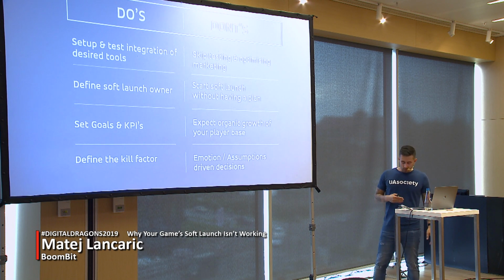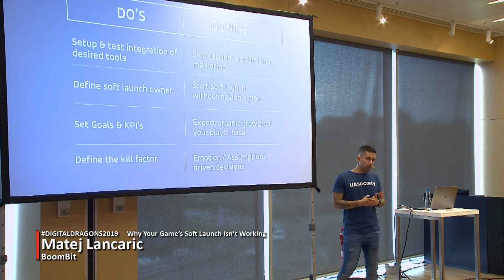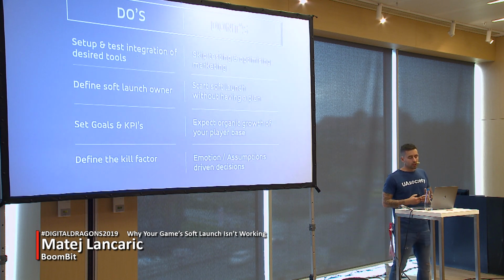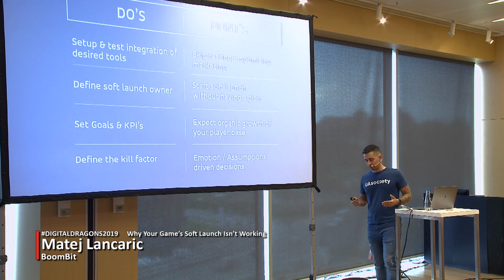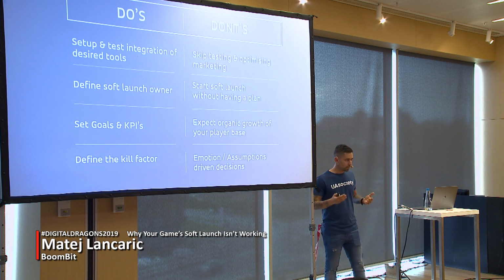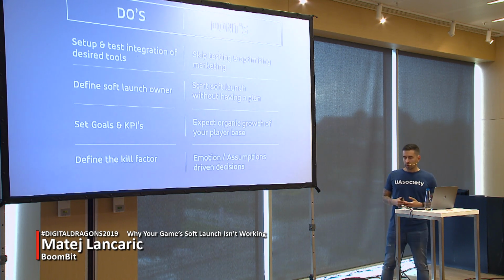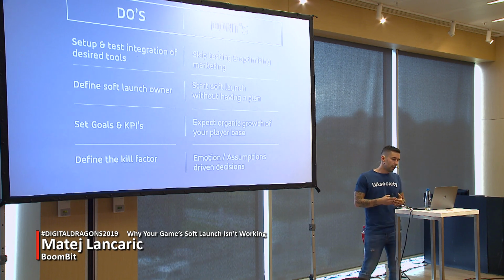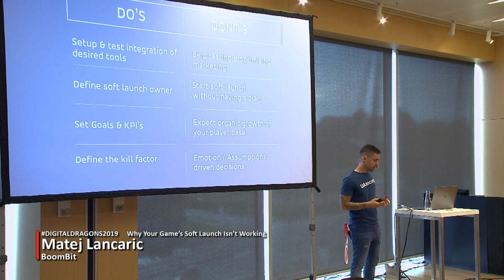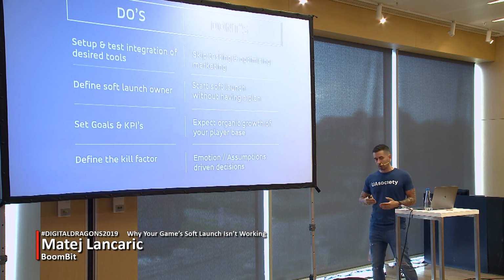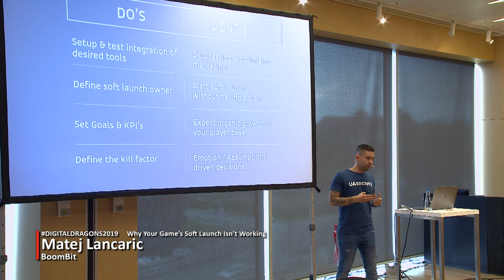But talking about the soft launch, what you should do is set up and test the integration of the tools, setting up the MMP like AppsFlyer or whatever else you are using, the data, and define the soft launch owner, who is going to be responsible for everything, the go-to person who knows everything.